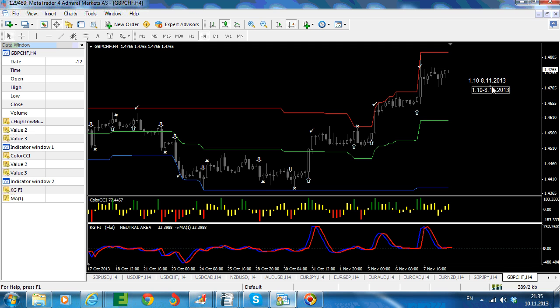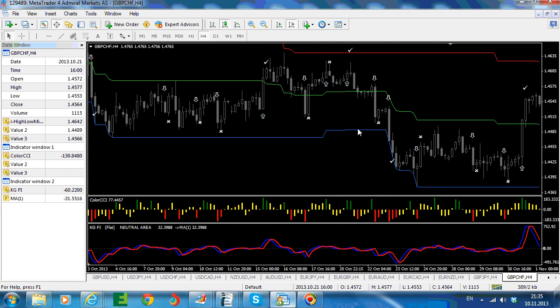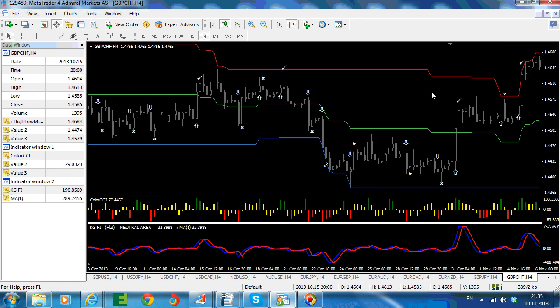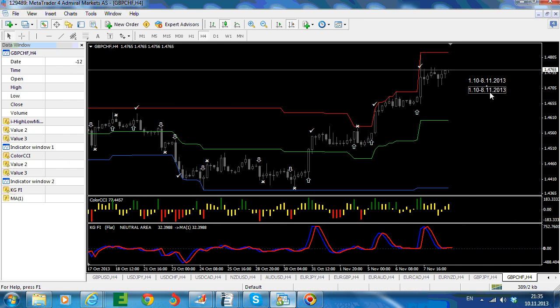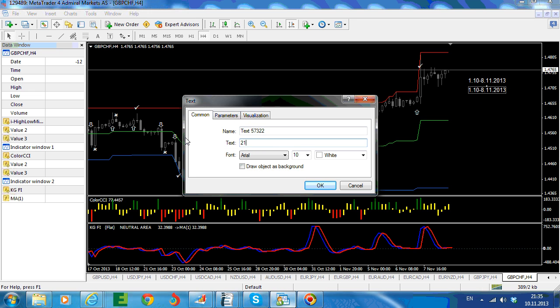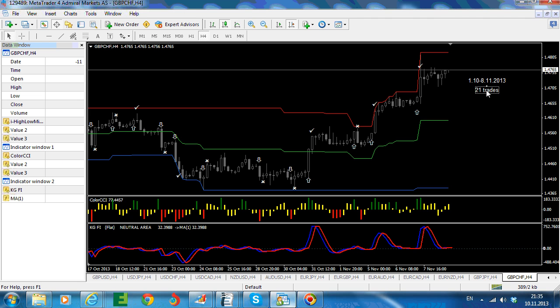And basically we are looking at, let's count the trades. 1, 2, 3, 4, 5, 6, 7, 8, 9, 10, 11, 12, 13, 14, 15, 16, 17, 18, 19, 20, 21 trades. Quite a lot of trades for a cross like Great Britain pound Swiss franc. So 21 trades. Let's count the winners because most of them were losers.